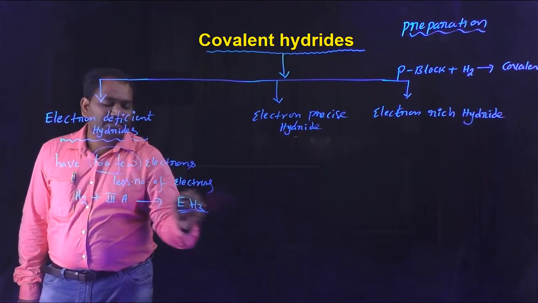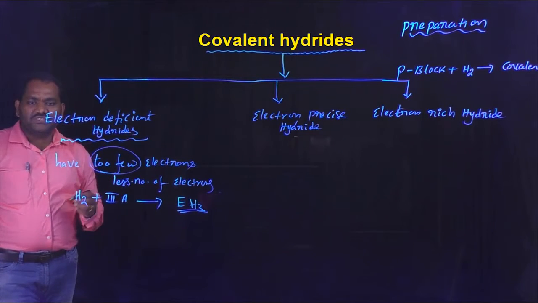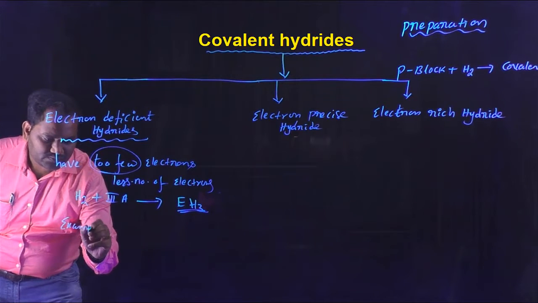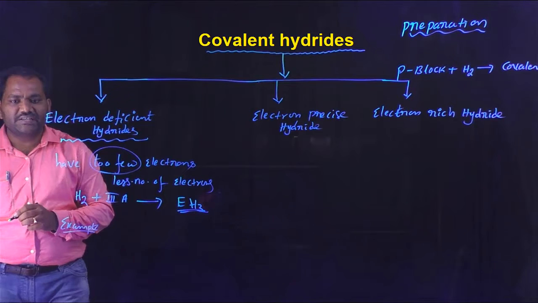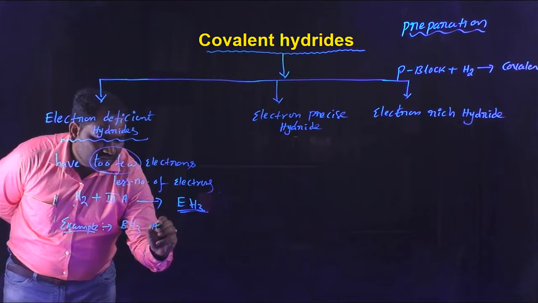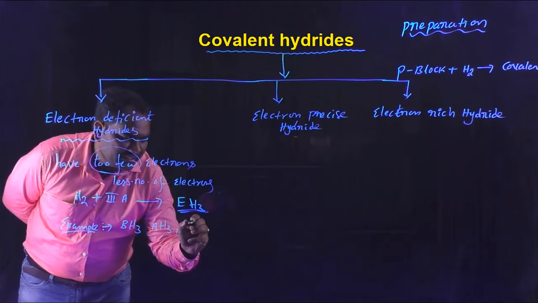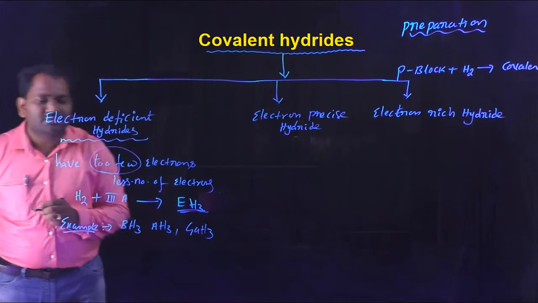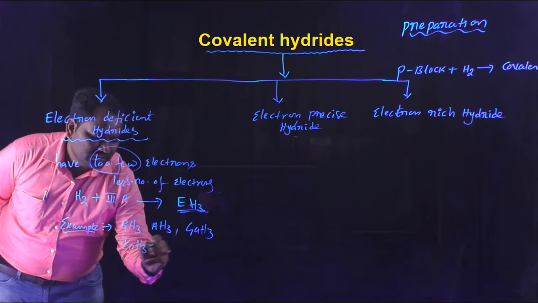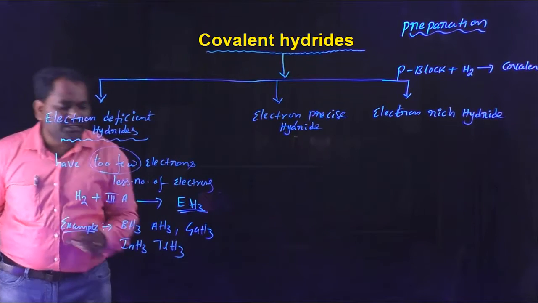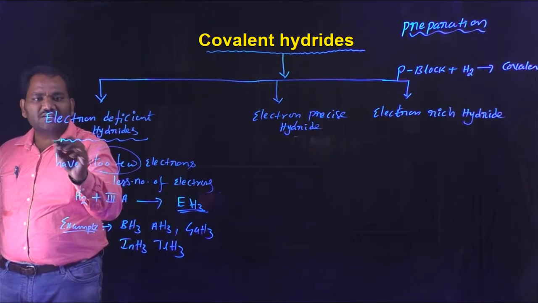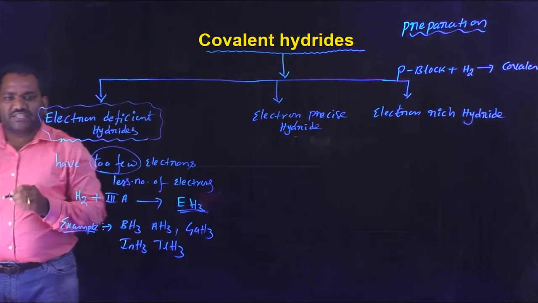Examples of this hydride are BH3, aluminum hydride, gallium hydride, indium hydride and thallium hydride. So third group elements are able to form these electron deficient hydrides.